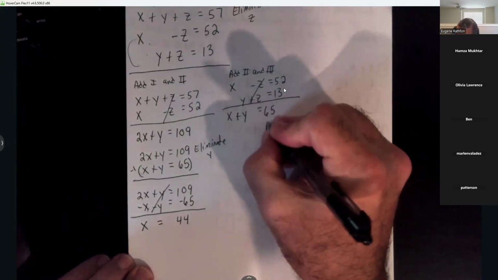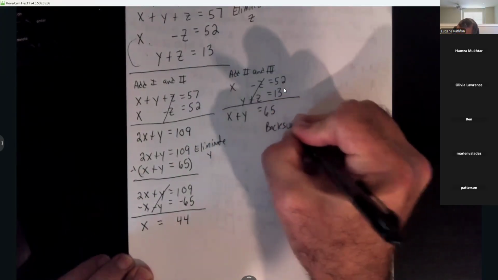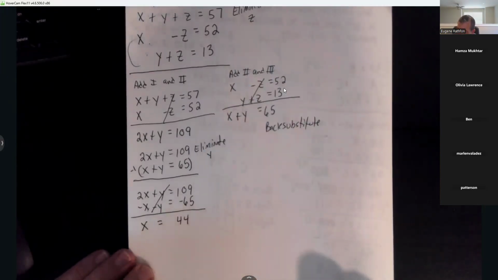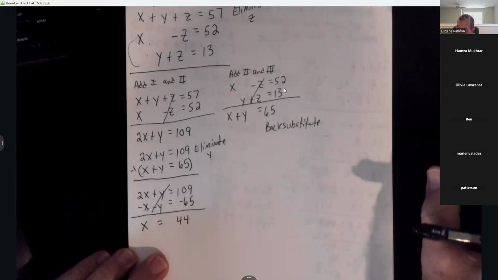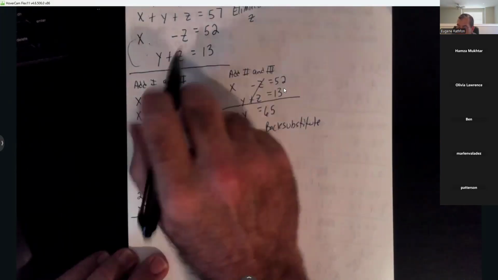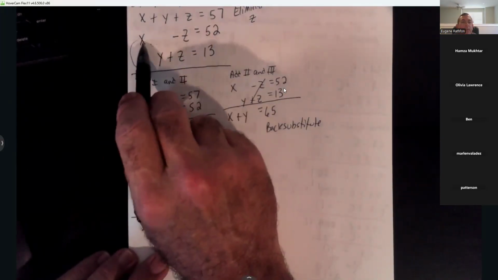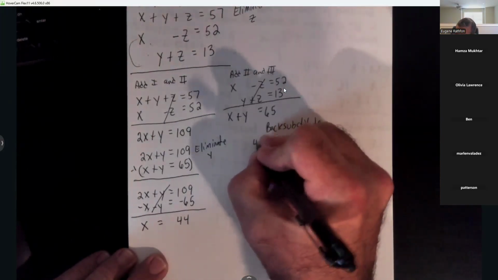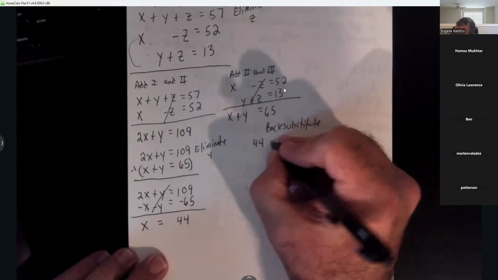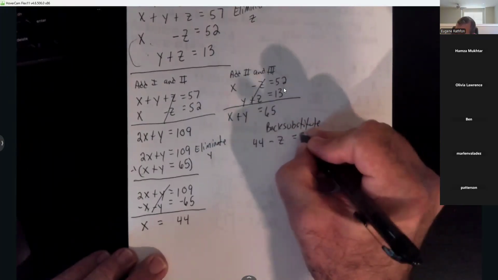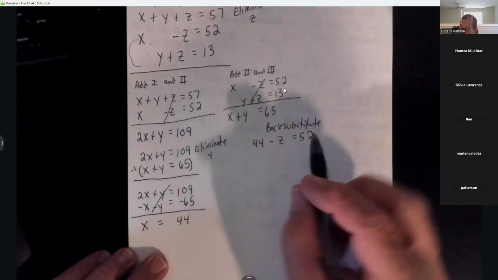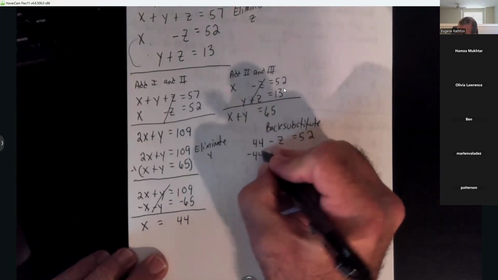So now I get to back substitute. So if I want the y, let me get the z real quick. Because this one has the x and the z equals 52. So the x is 44 minus the z equals 52. Y'all, let's solve that by moving that 44 over.